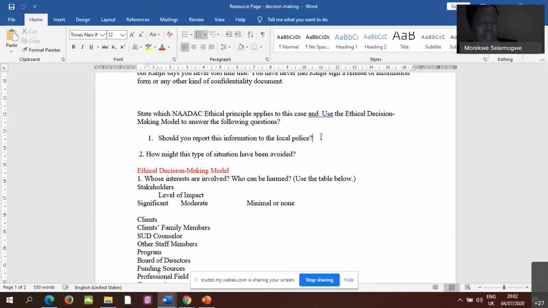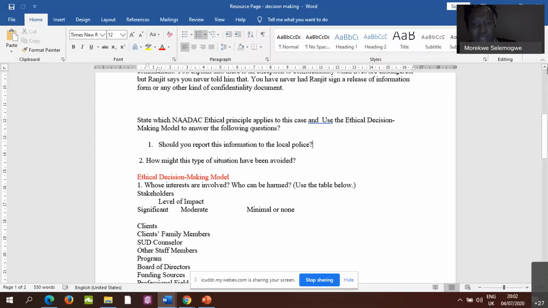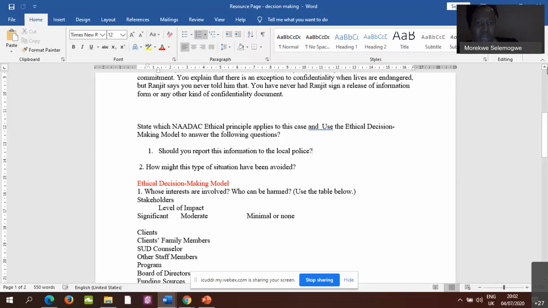So how might this type of situation have been avoided? Where Ranjit is telling the counselor that, no, you know what, I wasn't aware that there are exceptions to confidentiality. How might you have avoided this kind of situation?